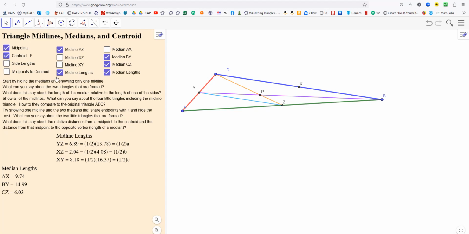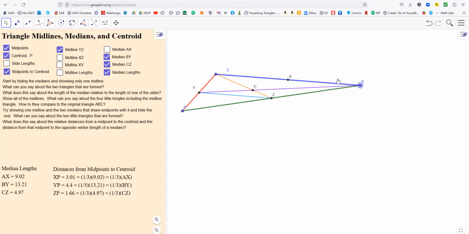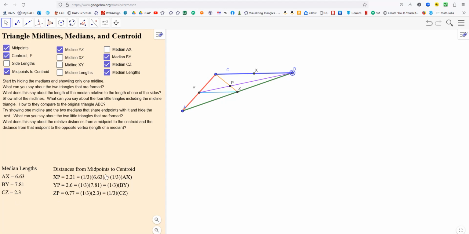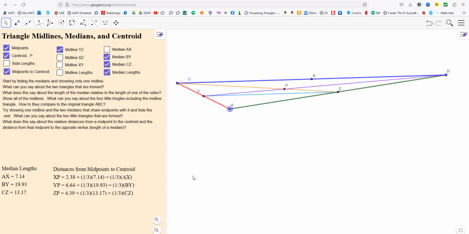We saw that relationship last time. But if we look at the lengths of the distance from the midpoints to the centroid, you can check out the numbers here and see that it works. If you take 1/3 of these lengths, you get these lengths here. Okay, the arithmetic works out there, and it stays the same. If we move this around, the numbers change, but we still got that same 1/3 relationship.